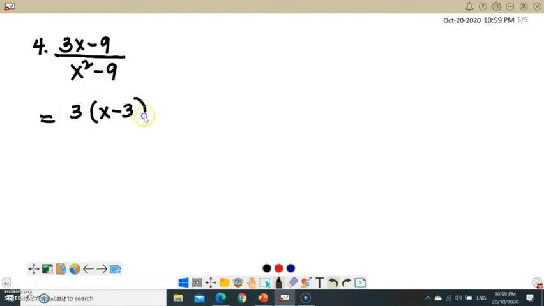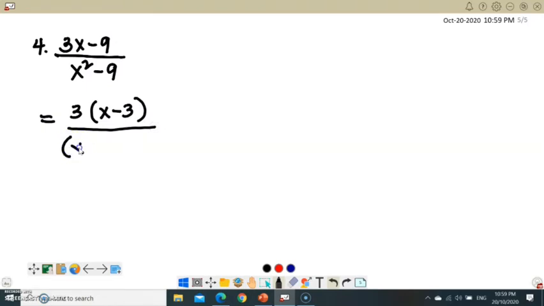Okay, let's try number 4. 3x minus 9 over x squared minus 9. So let's factor the numerator. 3x minus 9, what are the factors? We have here 3 multiplied by x minus 3. How about the denominator?